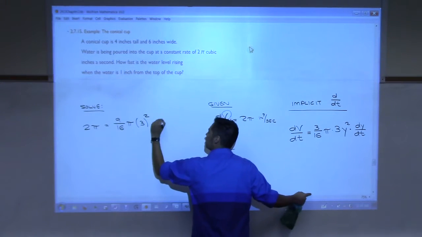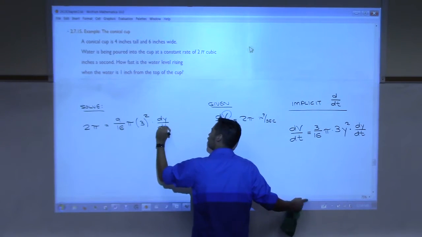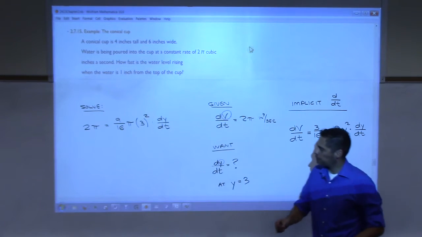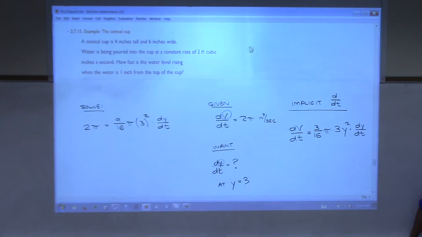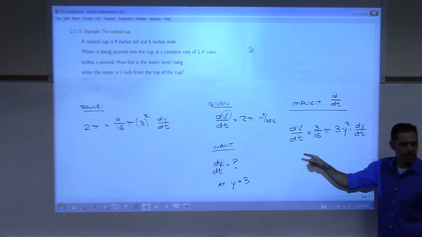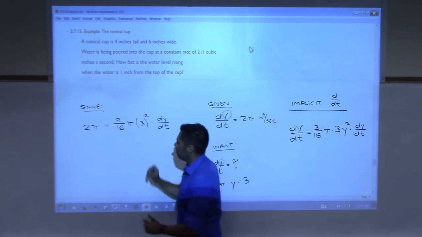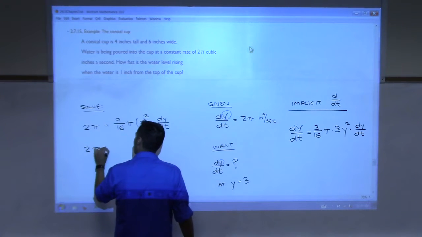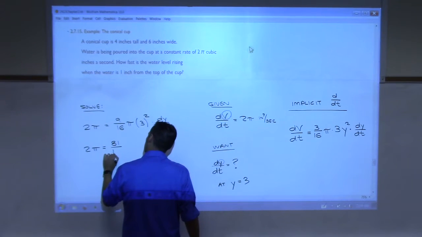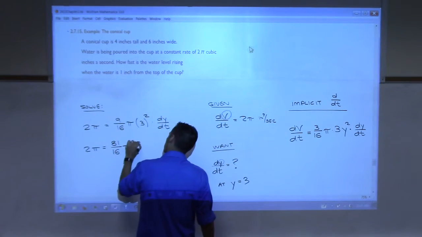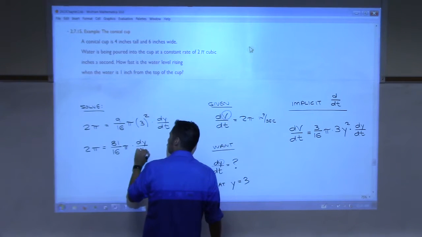And then dy dt is what we're trying to solve for. Three squared is 9. That 9 can multiply across the top and make that 81 over 16, can't it? 9 times 9. So 2 pi equals 81 over 16 pi dy dt. I'm trying to solve for dy dt now, right?